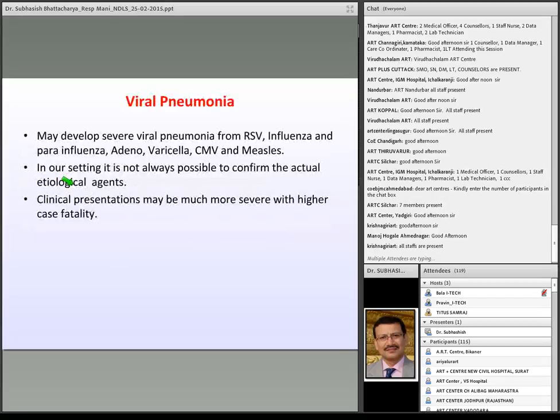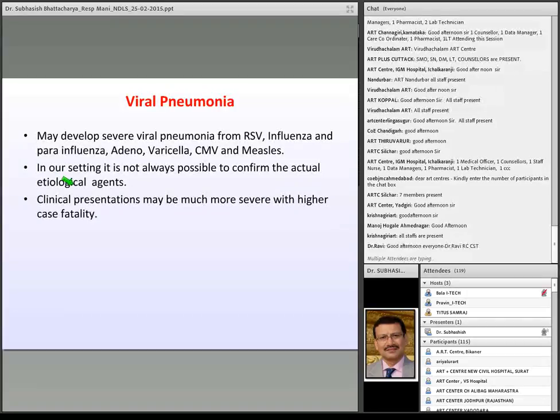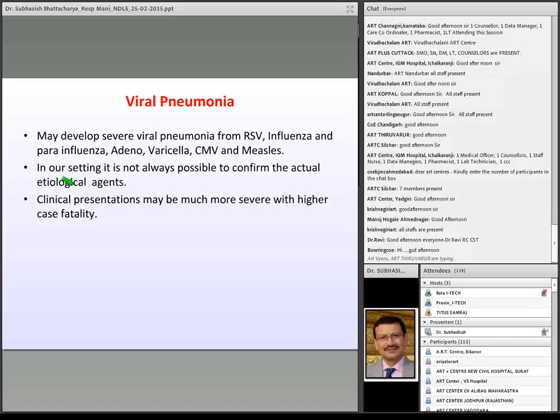Regarding viral pneumonia, severe viral pneumonia may develop from respiratory syncytial virus, influenza virus, parainfluenza virus, adenovirus, varicella virus, CMV, and also measles virus in the presence of HIV. In our setting, it is not always possible to confirm the actual etiological agent. Clinical presentation may be much more severe with a higher case fatality rate.